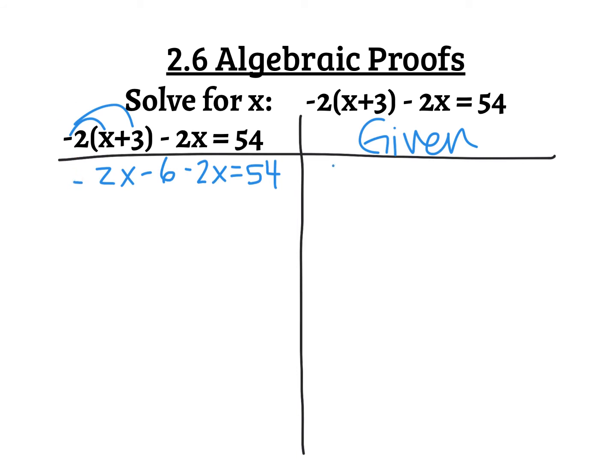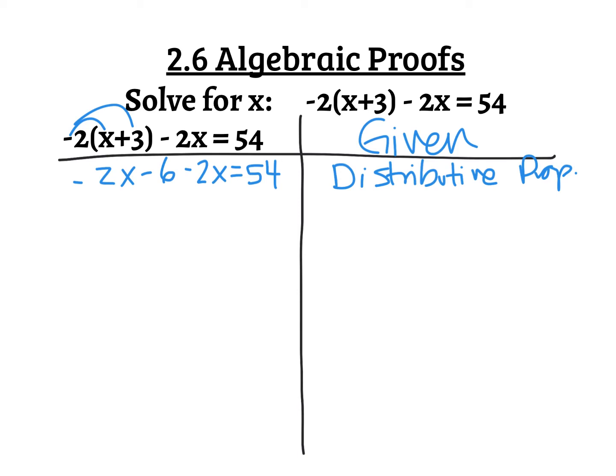So we just write distributive property. That's my justification. That's my proof that I can go from one step to another. Now, we're not done, but if you justify each step with a property that we spoke about in the very beginning of this video or in the notes in class, then you'll be able to see how every step is justified until you get to the very last step where x equals something.